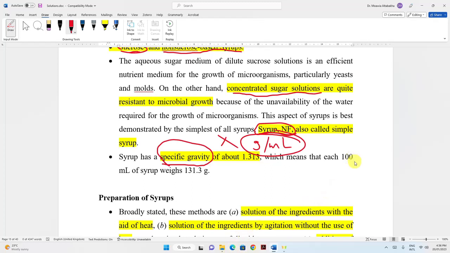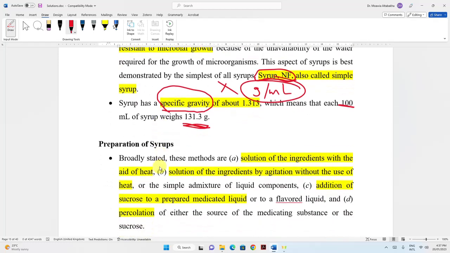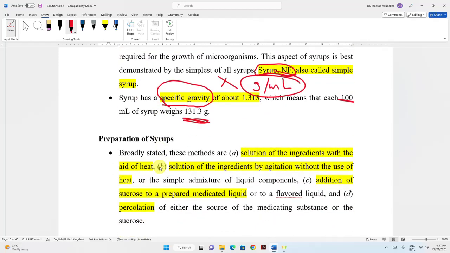So 100 ml will have a weight of 131.3 gram. يعني if someone comes to you and he tells you, okay, this is 100 ml of syrup according to NF, I want to sell it to you, you go and weigh it. This is one of the ways to check whether the syrup has enough concentrations or not.